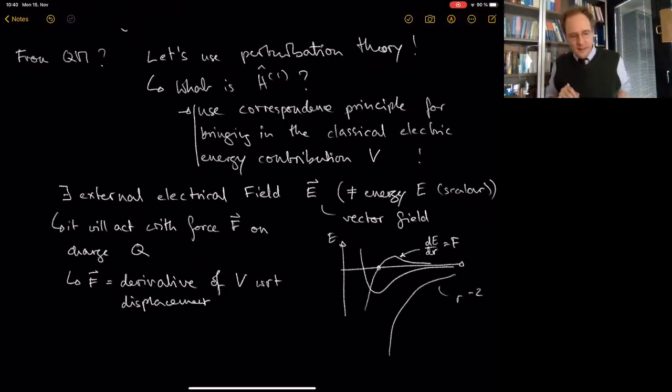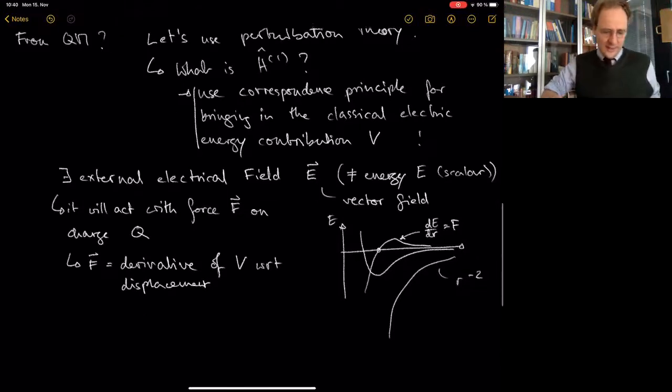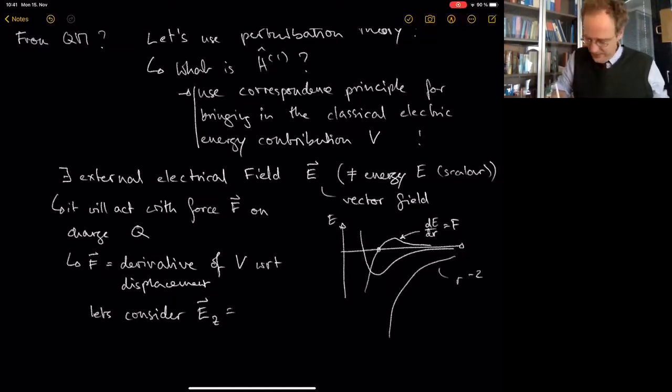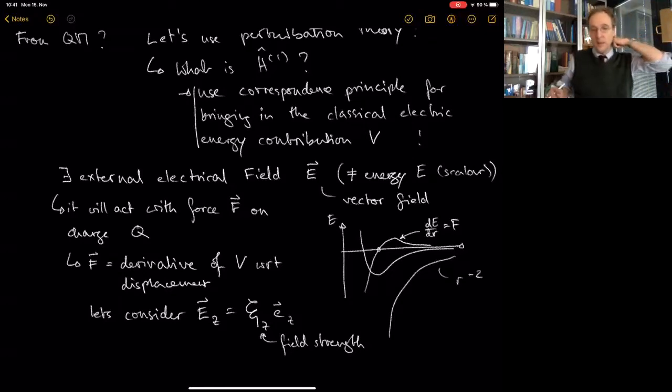Now, in terms of displacement, we would like to consider the Z component. So let's consider our electrical field in Z. So that's some field strength, for instance E_Z, multiplied with the unit vector in Z. So let's assume your field is only acting in the Z dimension.